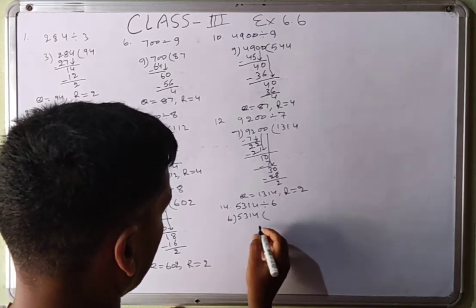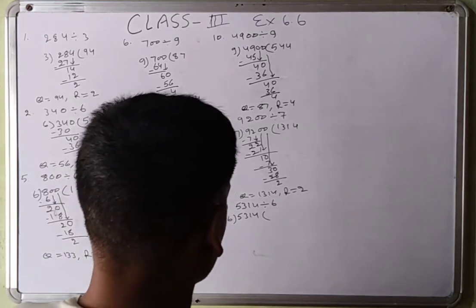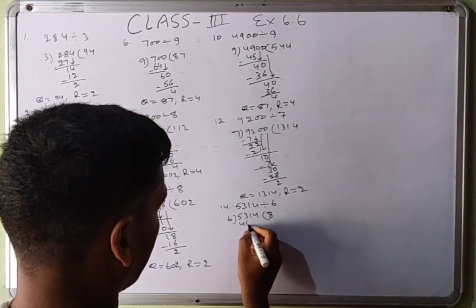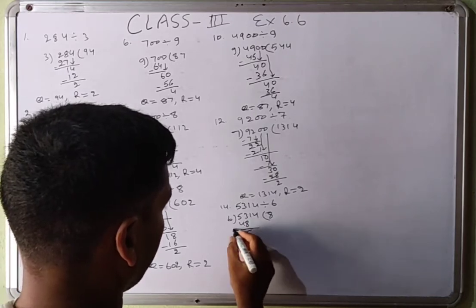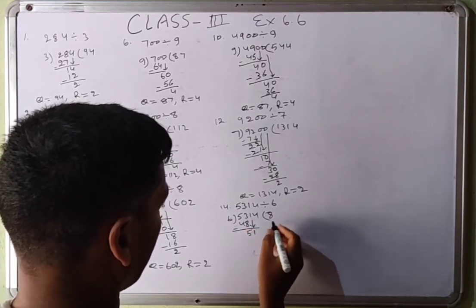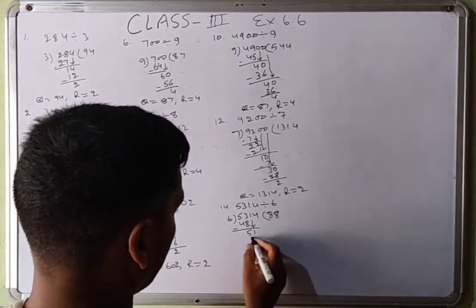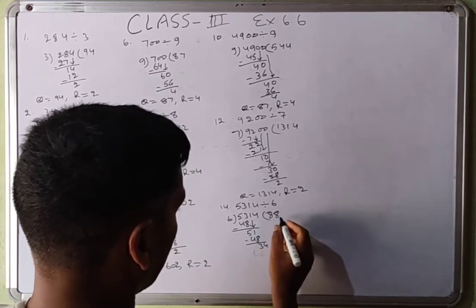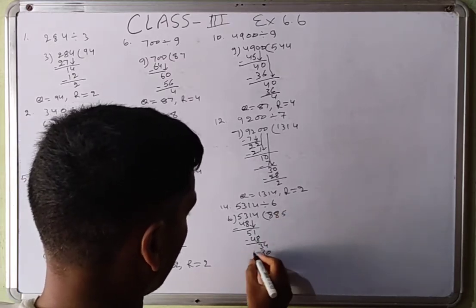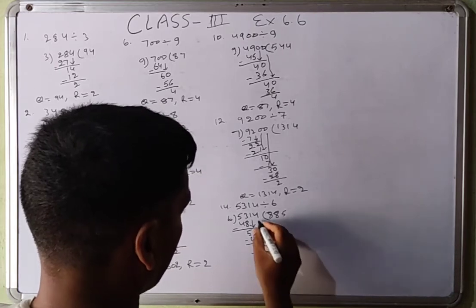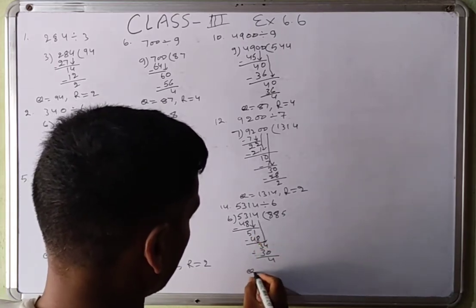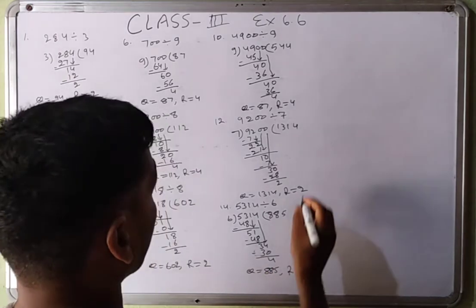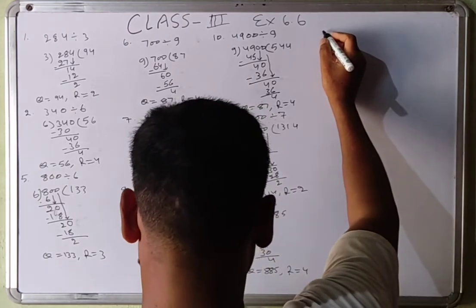So 6 eights are 48. 6 nines are 54. 6 eights are 48, and then left is 5, bring down the next digit, that is 51, and then again 8 sixes are 48, by subtraction that is 3, 4. 6 fives are 30, and then 4. So the quotient is equal to 885, and the remainder is equal to 4. Question number 14.